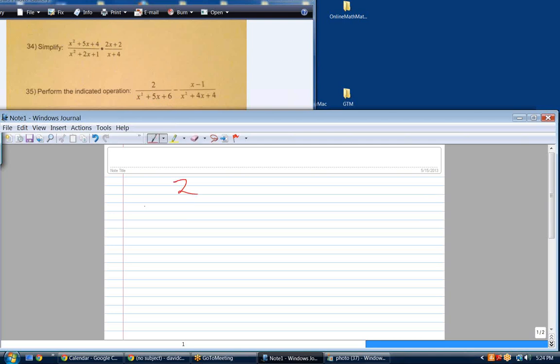Without knowing anything more about it, my first step is going to be factor everything I can see. Oh, x plus 3 and x plus 2.